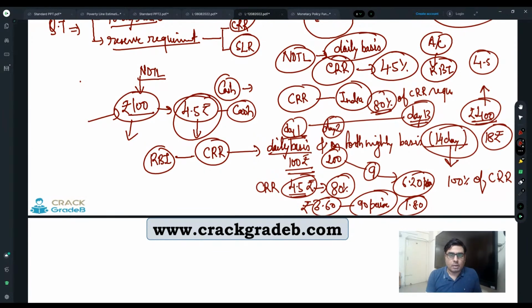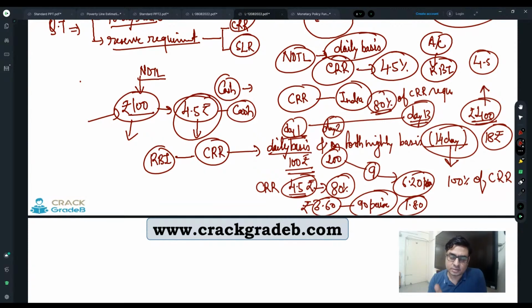In that way, banks are going to get a small window, where some part of the CRR, the cash reserve, is freed for them so that they can use that money for lending and earning some interest.